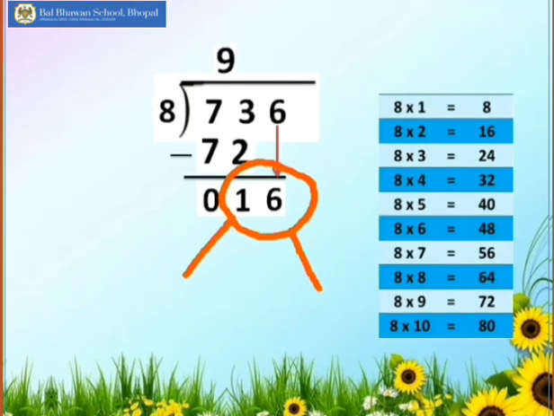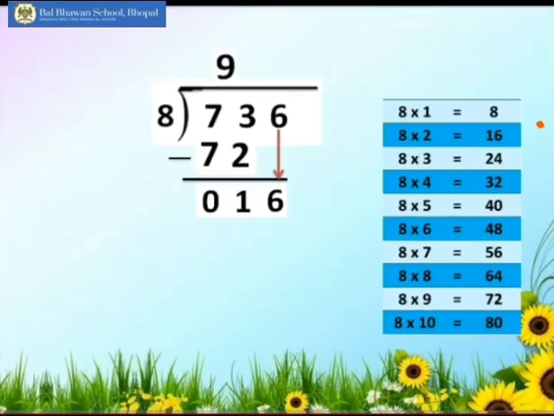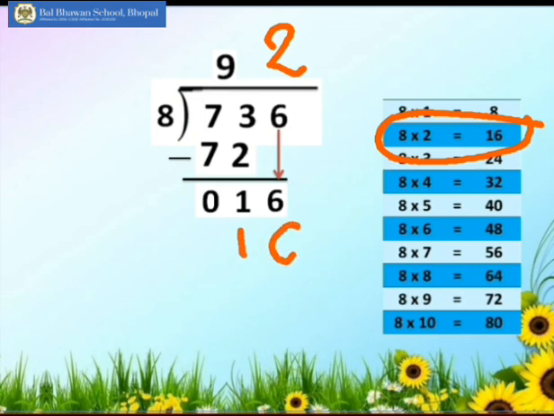Now let us search this 16 in the table of 8. As we can see here, children, 8 into 2 is 16. So 2 we will write here as quotient and we will write 16 just below 16, because 8 into 2 is 16.